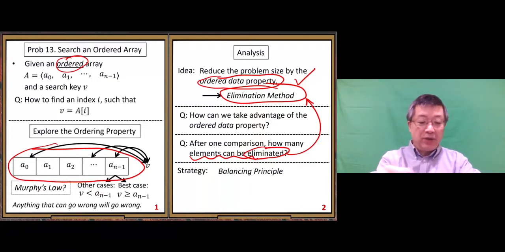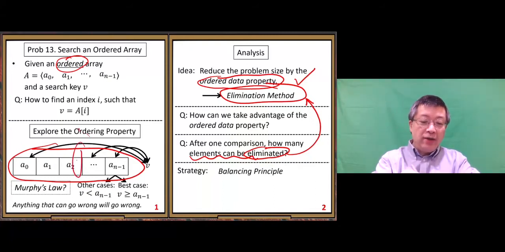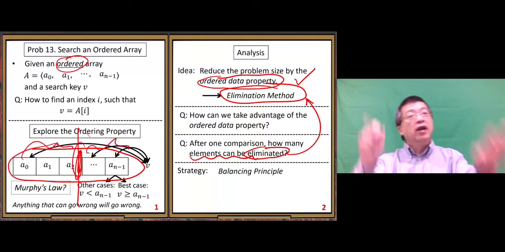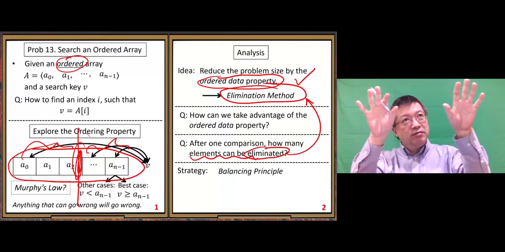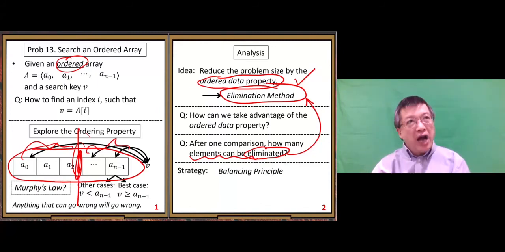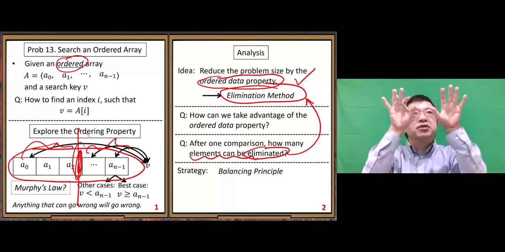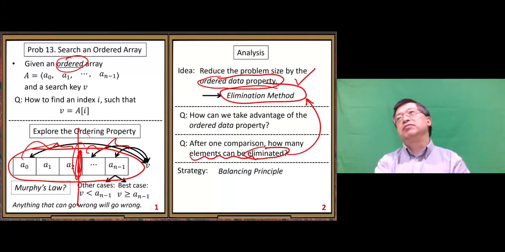When we make our decision about which element to compare, we pick the one in the middle, because in that way you split the file into two subfiles that are quite balanced. The size difference of the two subfiles is the smallest. That means the most balanced decision.